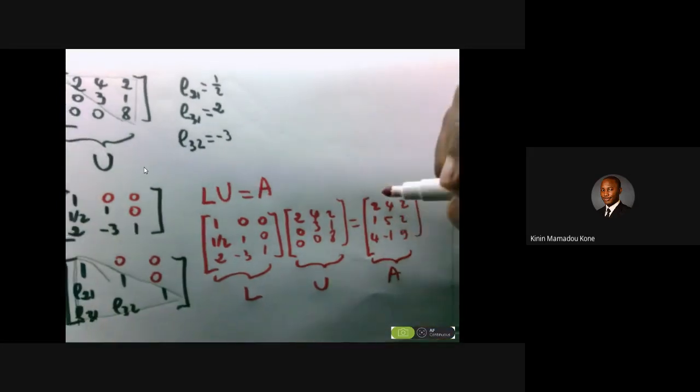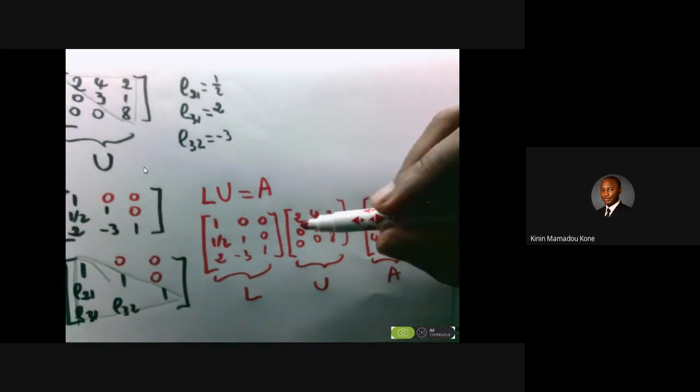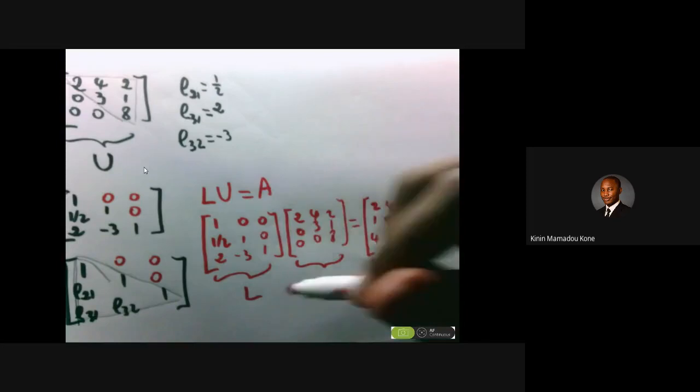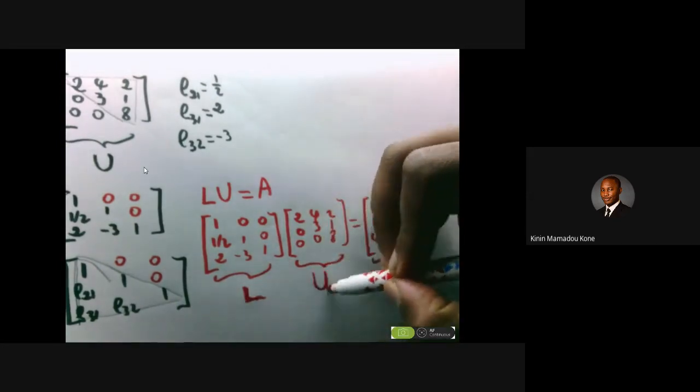Now, this is what we call the LU factorization of your matrix A. If they ask you to factorize your matrix, we can write it as a product of a lower triangular matrix and an upper triangular matrix. So your M by N matrix can be decomposed into the product of two matrices, one being lower triangular and the other being upper triangular.